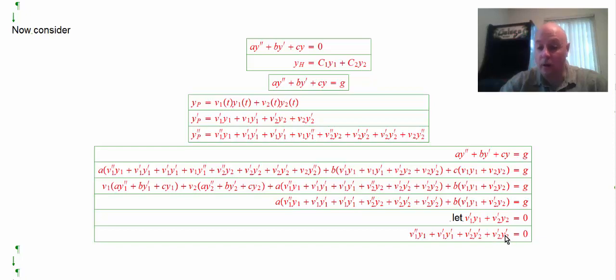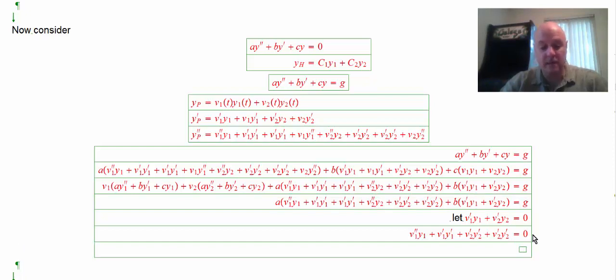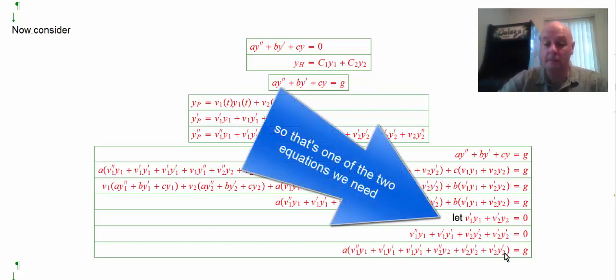Now how can I use that? Well, these pieces are in here. So I've already set this bracket equal to 0. So let's take this piece. That's what I'm dealing with. Move it down here. I've already set this bracket, the B bracket, equal to 0. So that's gone.